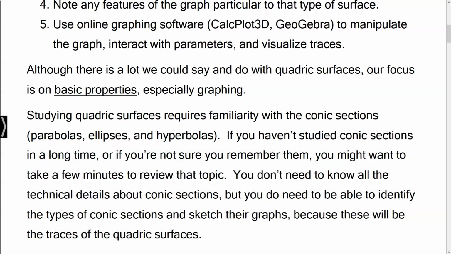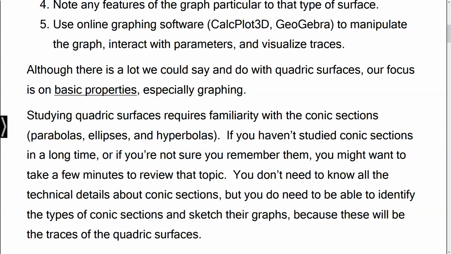So you don't have to go back and get all the technical details. So for instance, if you go back and study ellipses, you don't have to go back and talk about the foci, or if you're doing parabola, don't worry about the directrix and the focus. Just the basic properties. What does it look like? How can I sketch it? And so on.